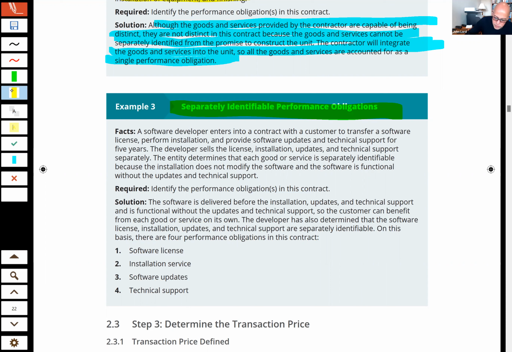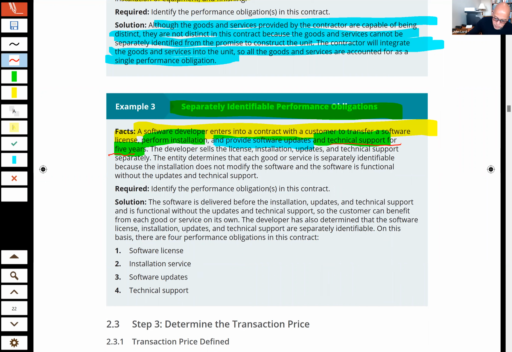Okay, so they tell us that we have a software developer introducing a contract to transfer a software license, perform installation, provide the software updates, and provide technical support for 5 years. And that 5 years, I think you're thinking, well, that technical support, if it's a separate performance obligation, we're going to recognize that over time, right?